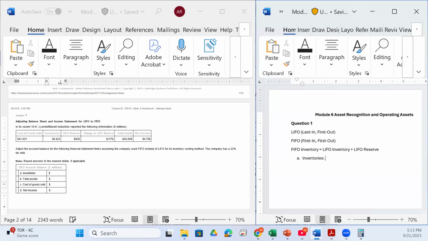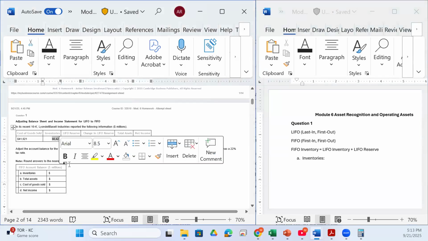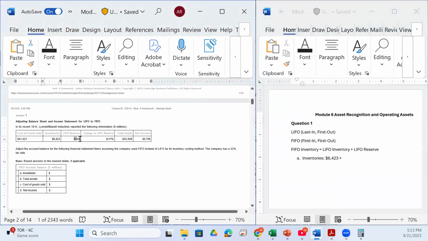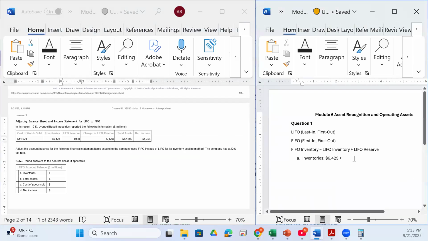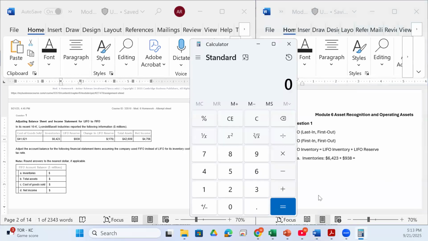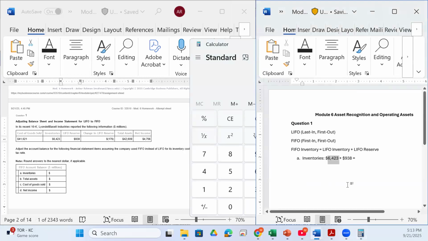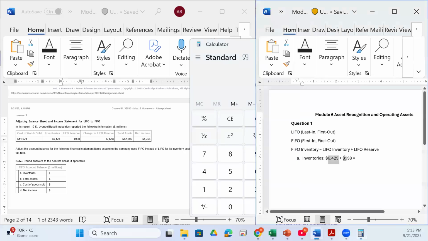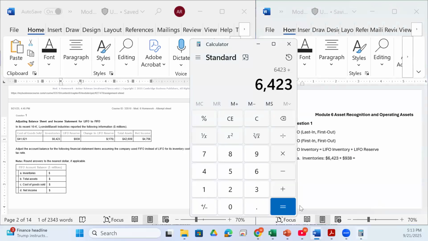Inventories should be our LIFO inventories plus our LIFO reserve, which should be equal to $7,361.